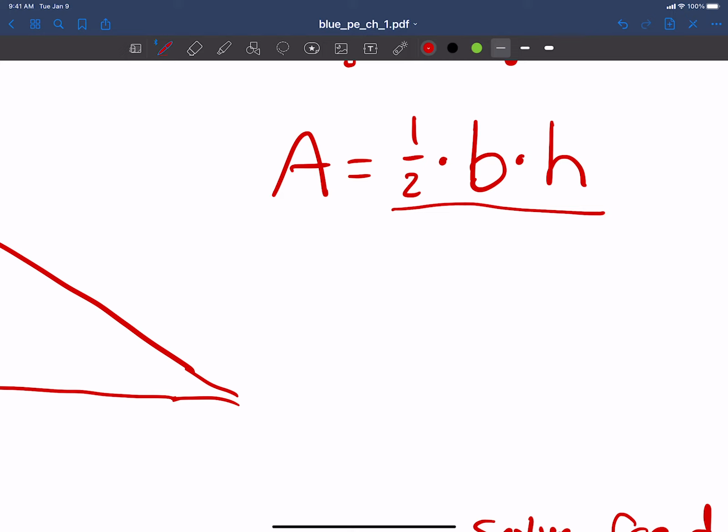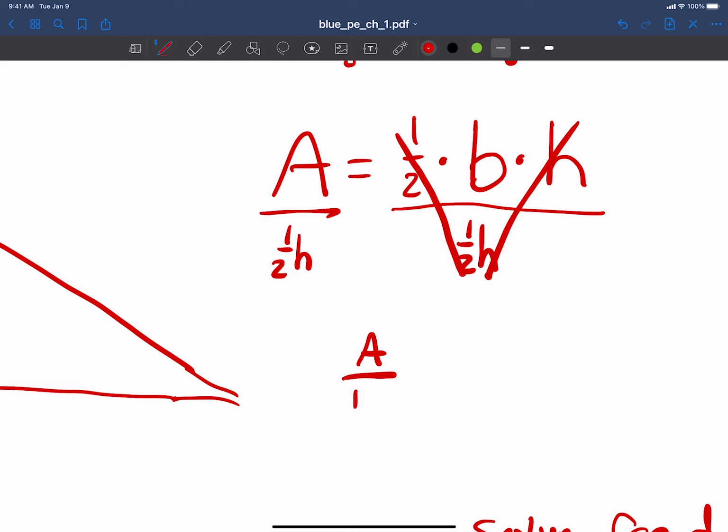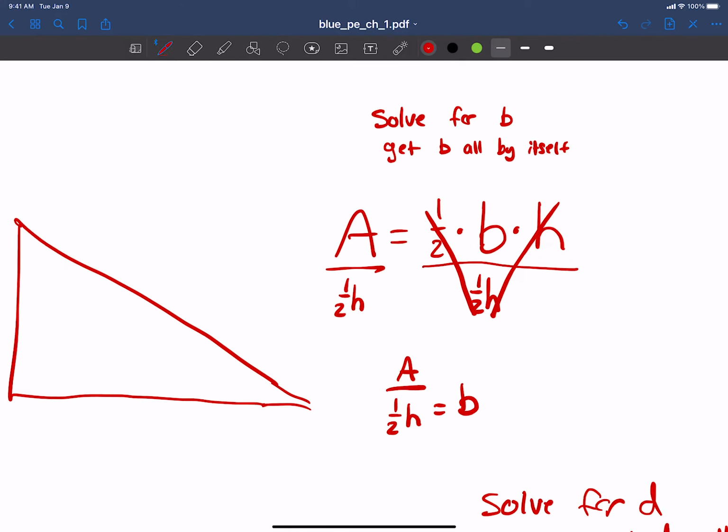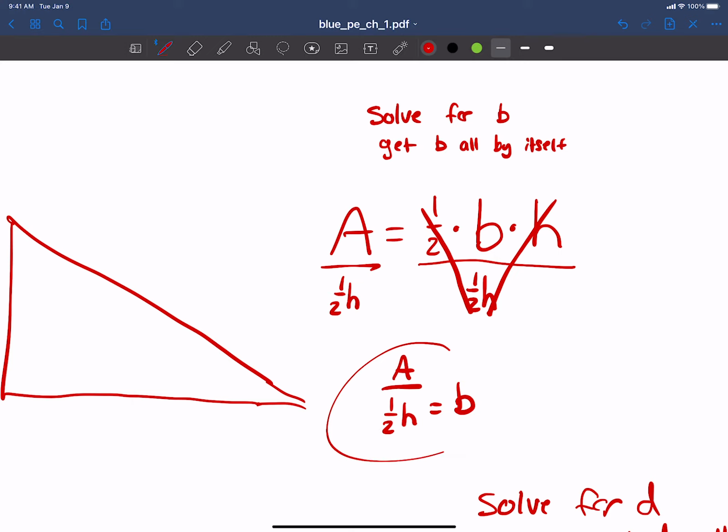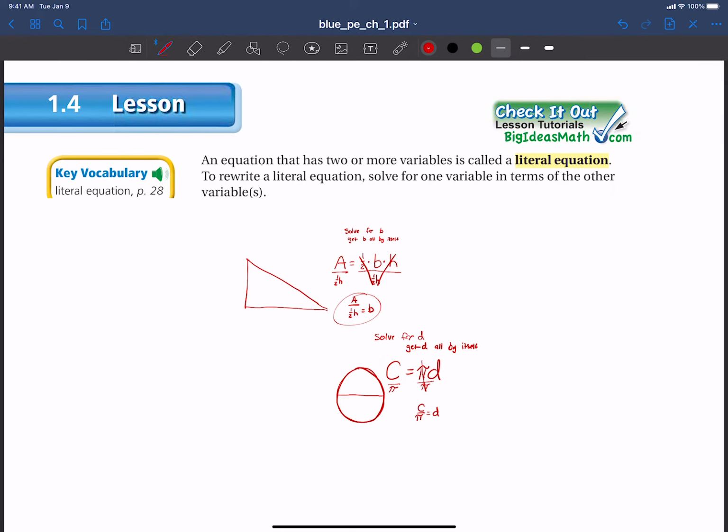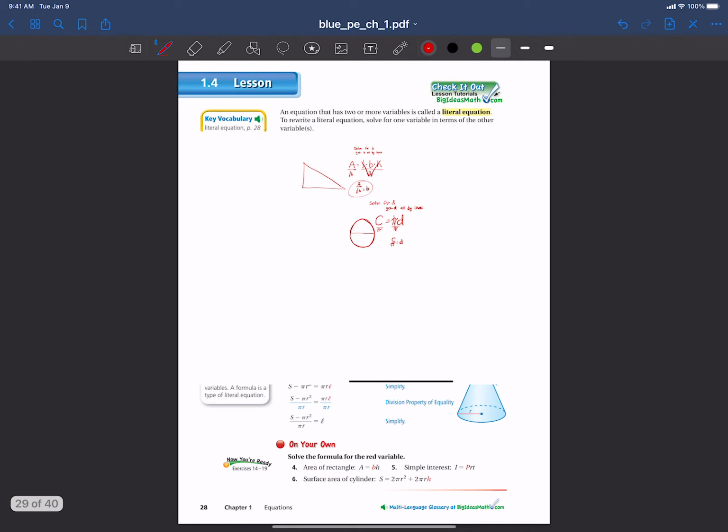What's the opposite of being multiplied by 1/2 h? Being divided by 1/2 h. But if I do it to one side, I have to do it to the other. Those would cancel out and make a 1. So all I have is area over 1/2 h equals b. B is now by itself. I solved for b. All right, so now we're going to go ahead and solve some more equations.